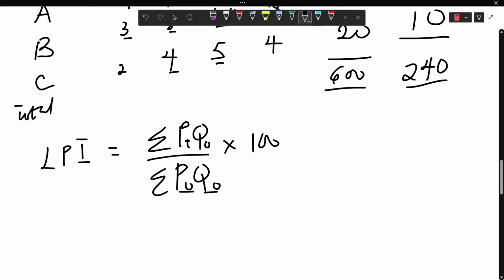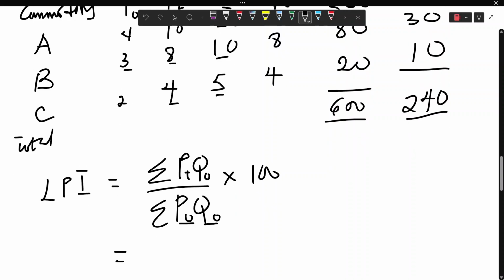Now let's find the Laspeyres price index for the current year, because you know that for the base year it's always 100.